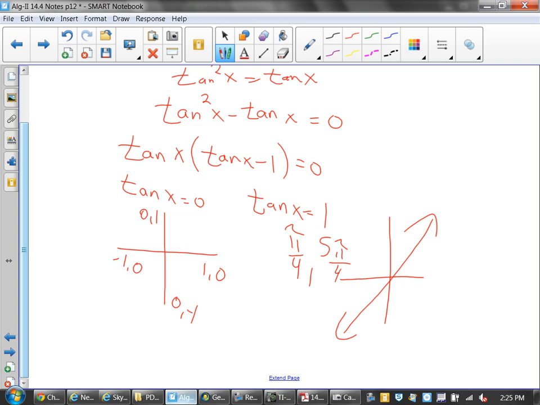It's got to be on the x-axis, doesn't it? Because it would be 0 over 1, or 0 over negative 1. So you have 4 possible solutions: 0, pi, pi over 4, and 5 pi over 4. Okay.